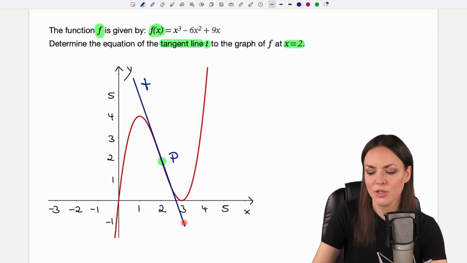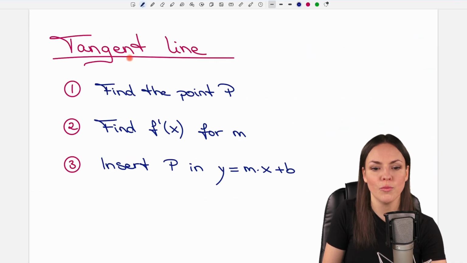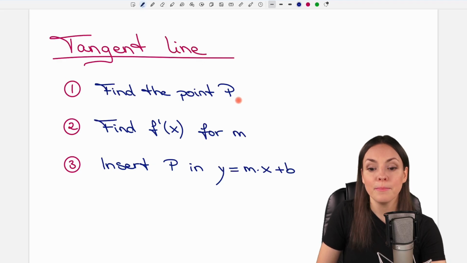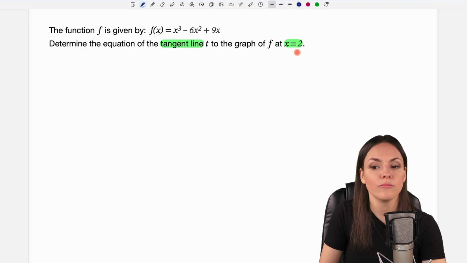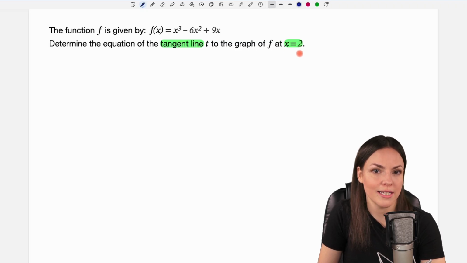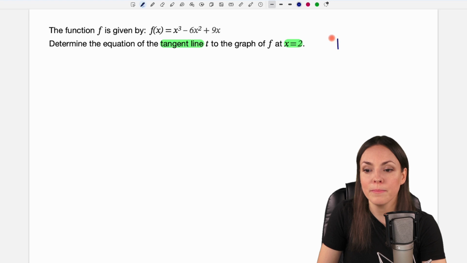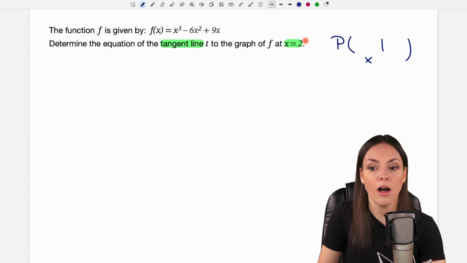And we can always use these 3 steps to find the tangent line. Step number 1, find the point P. So far they gave us our function f and the x-coordinate for the point where we have to find our tangent line. So our point P consists of an x-coordinate of 2, because they gave this to us.